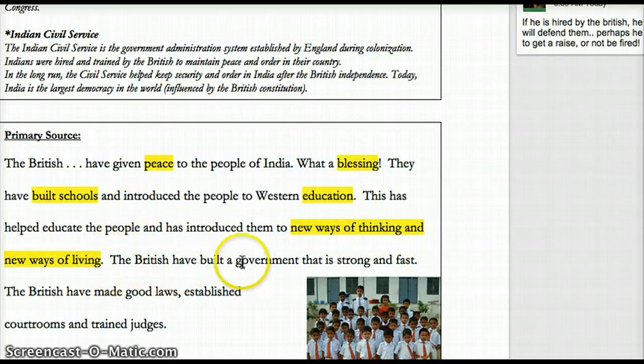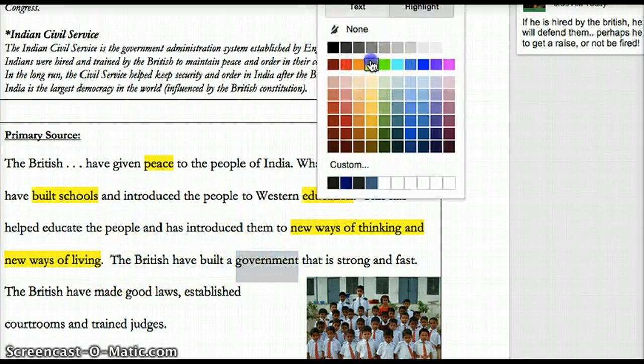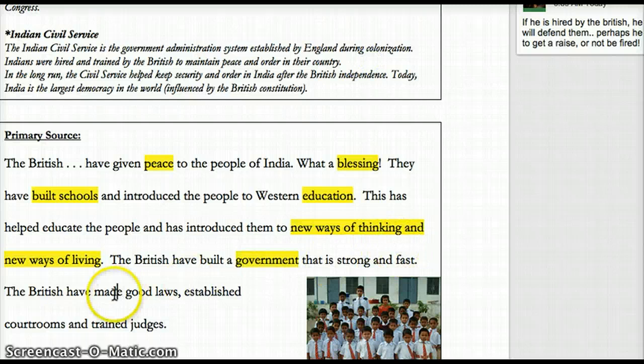The British have built a government that is strong and fast. The British have made good laws and established courtrooms and judges. So what is this showing us? It's showing us all the good things that the British have done, like that they built schools and improved the government. So let's summarize that.